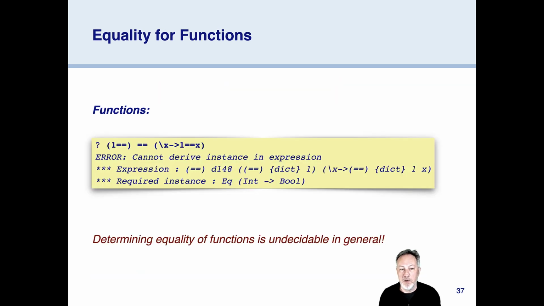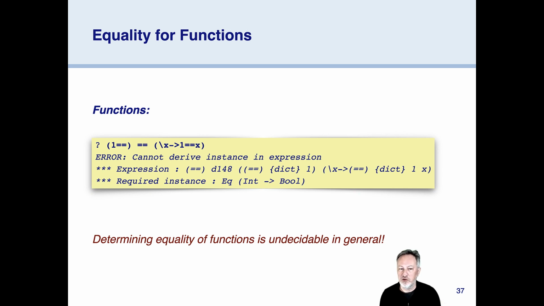As a final remark, we can't guarantee that equality makes sense for all possible data types. For example, if we ask Haskell the following question, 1 equals, that's a curried function, equals is a curried function, so 1 equals, what's that?